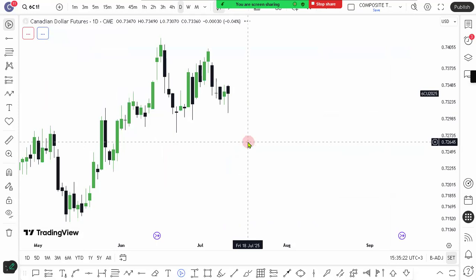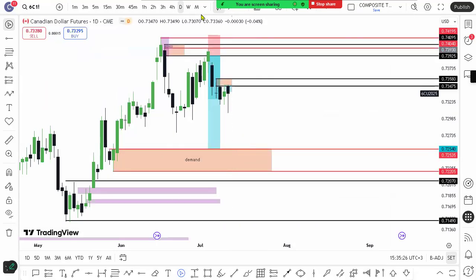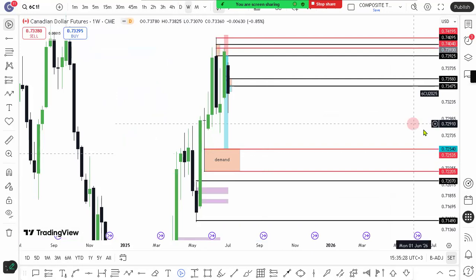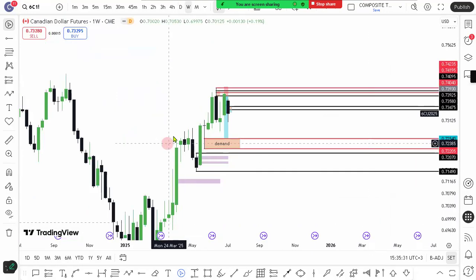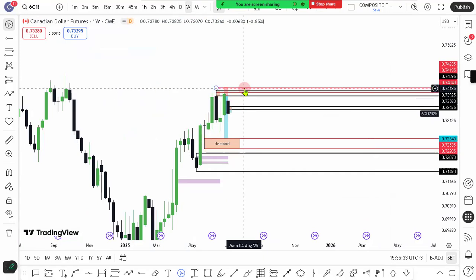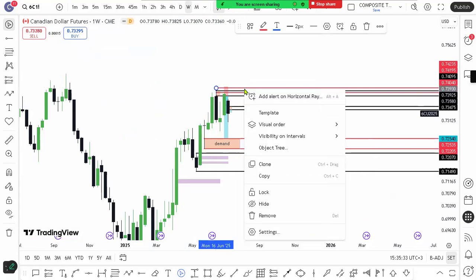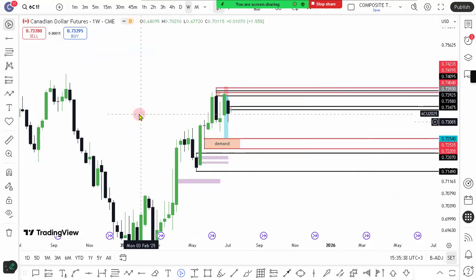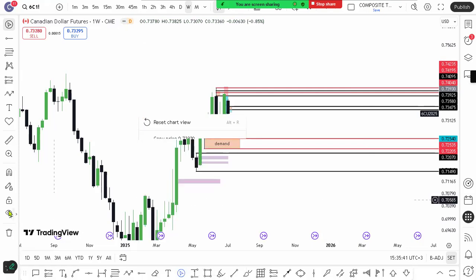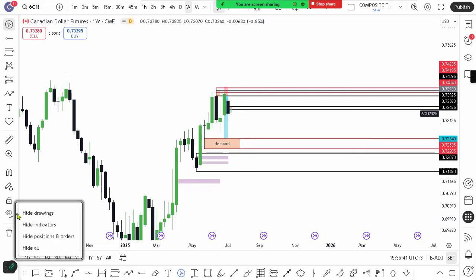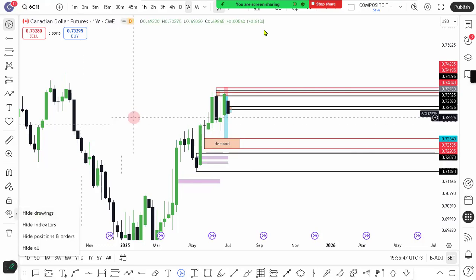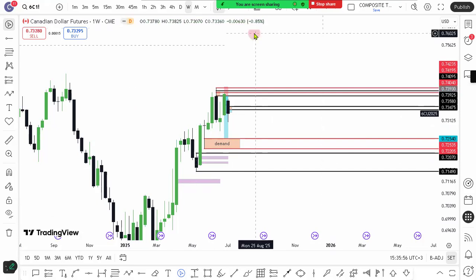So this is a Canadian dollar chart. And on this chart, we look at it here. I was looking at the contracts of the institutions here.